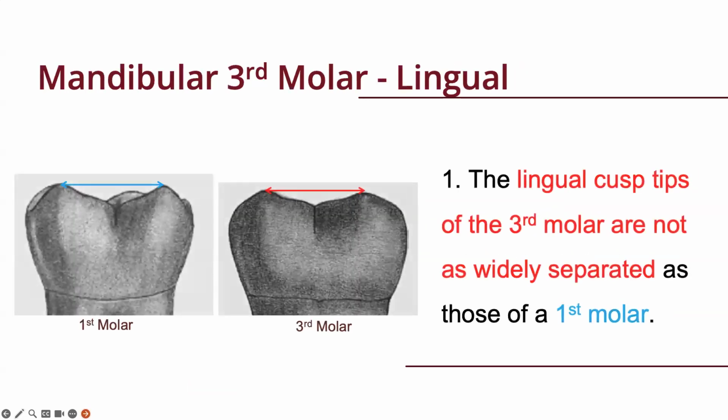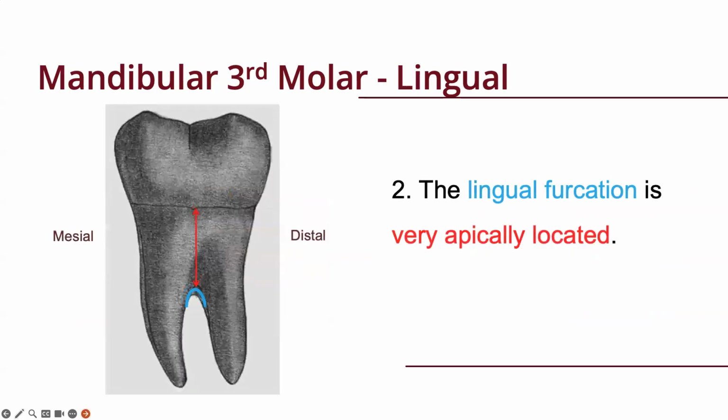From the lingual aspect, the lingual cusp tips of the third molar are not as widely separated as those of a first molar. The lingual furcation is very apically located, leaving a very long root trunk.